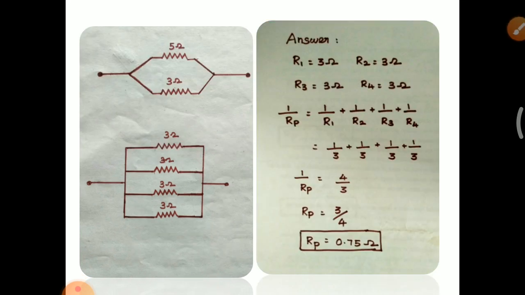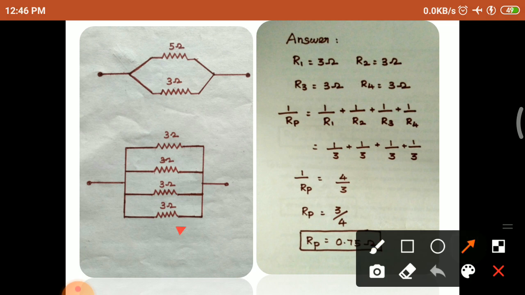Then how to calculate the equivalent resistance for this circuit? See, here R1 is 3 ohm, R2 is 3 ohm, R3 is 3 ohm and R4 also 3 ohm. Write the formula: 1 by Rp is equal to 1 by R1 plus 1 by R2 plus 1 by R3 plus 1 by R4.